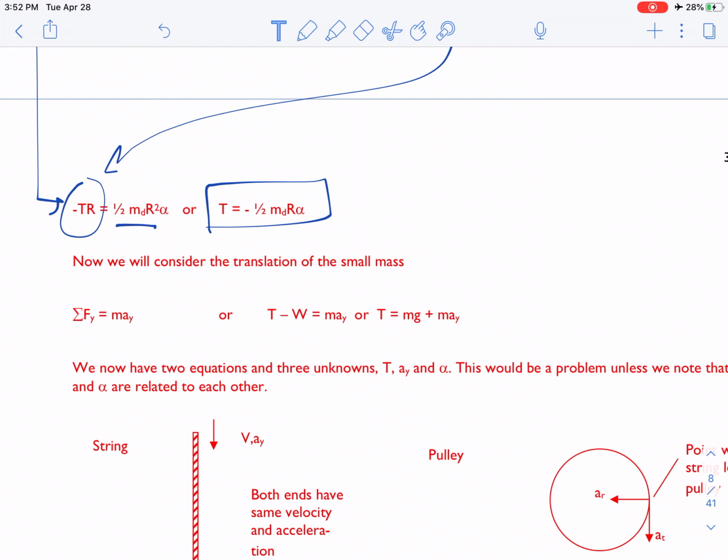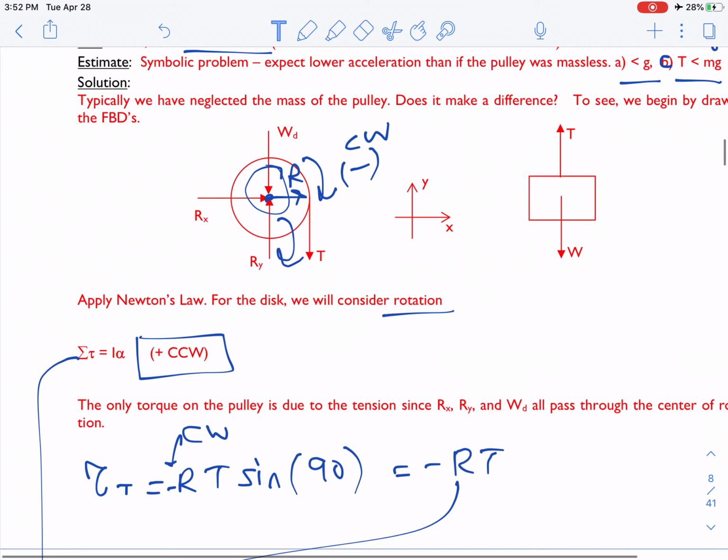Now we will consider the translation of the small mass. So we're looking at that suspended mass. Since it is translational motion, now we use the second law in the linear form, sum of F equals m a, but we are doing this for the y-axis, as we showed with the axes before. This motion is only along the y direction.